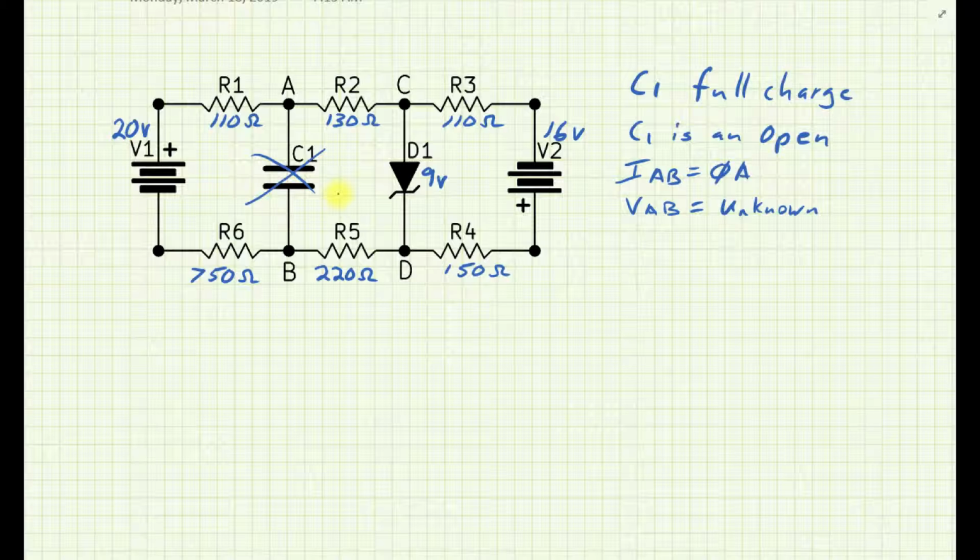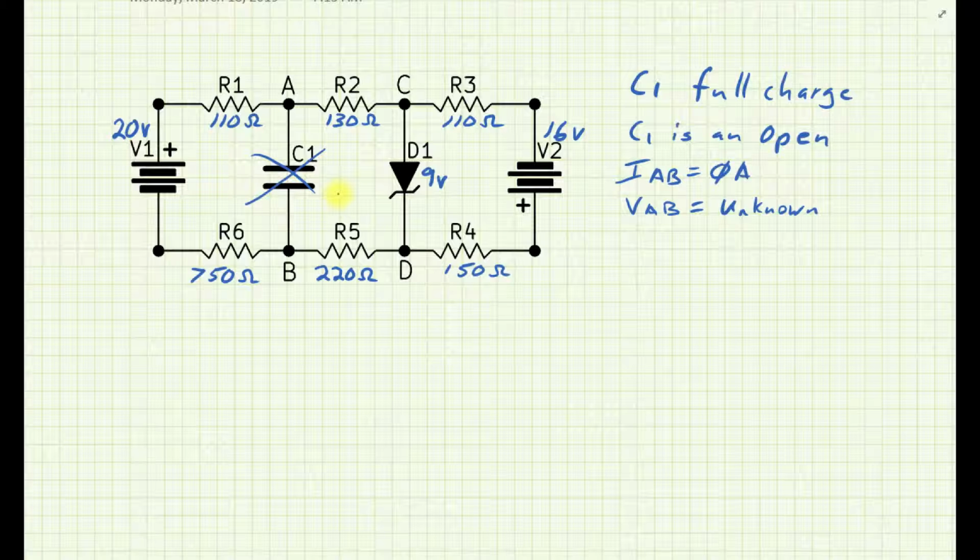Okay, now that diode D1, the symbol is a Zener diode, rated 9 volts. Now commonly people will see that 9 volts and say, oh well, it's 9 volts. Well, that may not be the case, so we need to analyze the circuit and figure out what the diode sees. So what is the voltage between C and D, and does the diode have enough voltage to do anything?